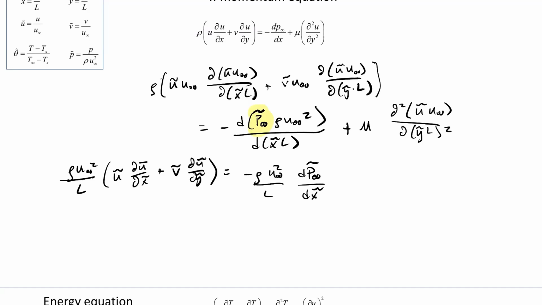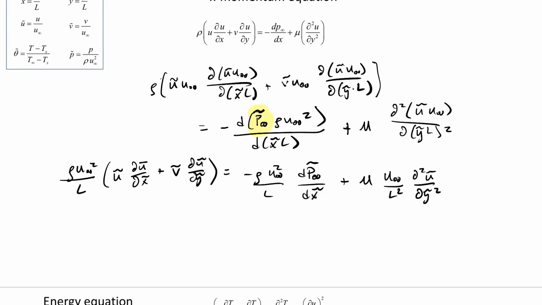The second term was plus mu u infinity over L squared times the second derivative d squared u tilde divided by dy tilde squared. So there's one step further in simplifying this.